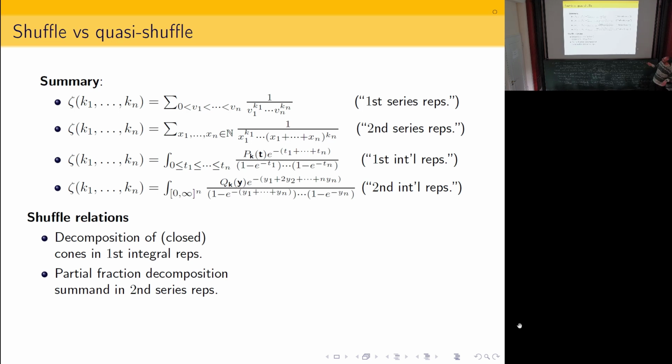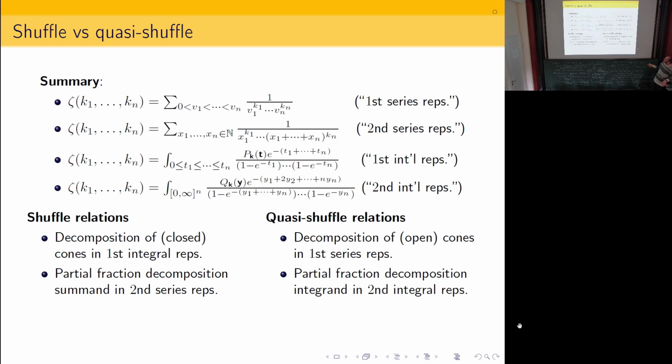So cone here and summand here. And quasi-shuffle relations can be seen as the composition of open cones in the first series representation here. The open cones, because in the summand you also have to count the lattice points on the line, whereas in the integral you don't have to. So it's a closed cone, and here they are open cones. That is going to be the terminology later.